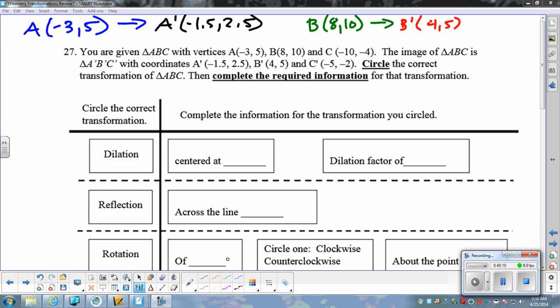As we take a look at this next one, again, you're noticing that we are using the same 3 vertices for each of the pre-images, and then transforming them to the different images. So if I compare the pre-image to the image, I see that there's no switching. There's really no sign changes. The signs are remaining the same.